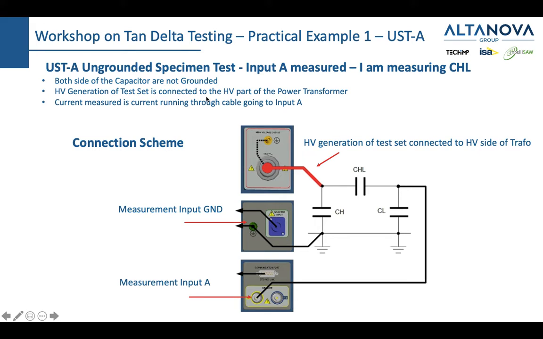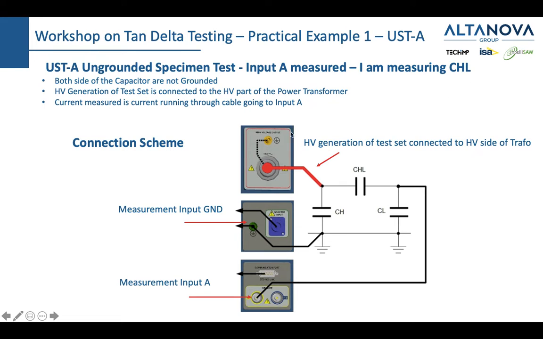So I hope this is clear, and let us see one example. If we have a UST A, or ungrounded specimen test A, as we just said, we will measure input current coming to input A. In this case, that would mean that I'm effectively measuring the capacitance CHL, the capacitance between the high and the low voltage winding.